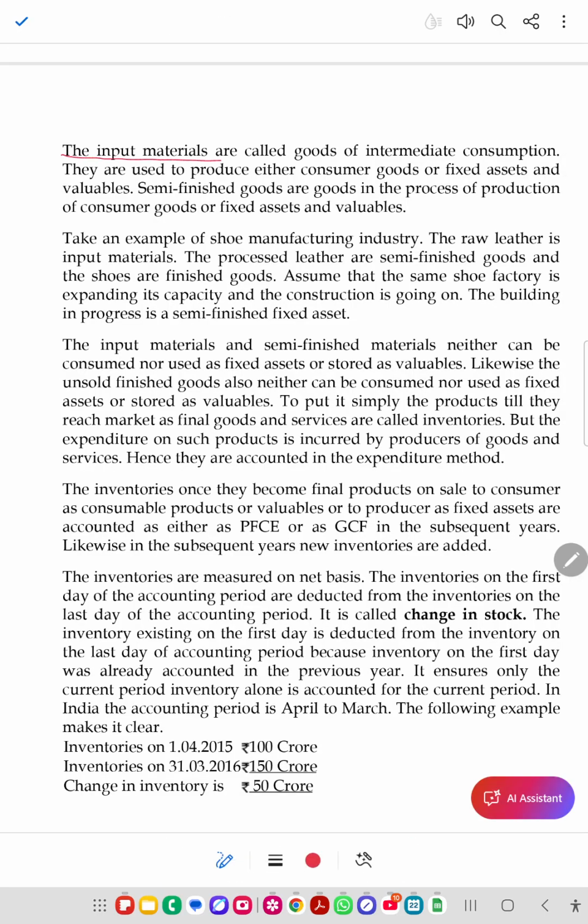The input materials are called goods of intermediate consumption. They are used to produce either consumer goods or fixed assets or valuables. Semi-finished goods are goods in the process of production of consumer goods or fixed assets and valuables.